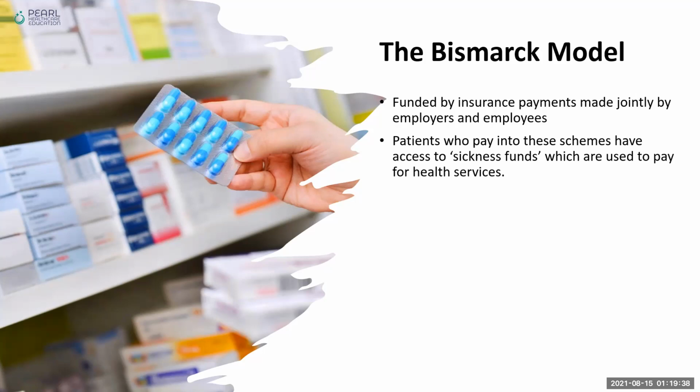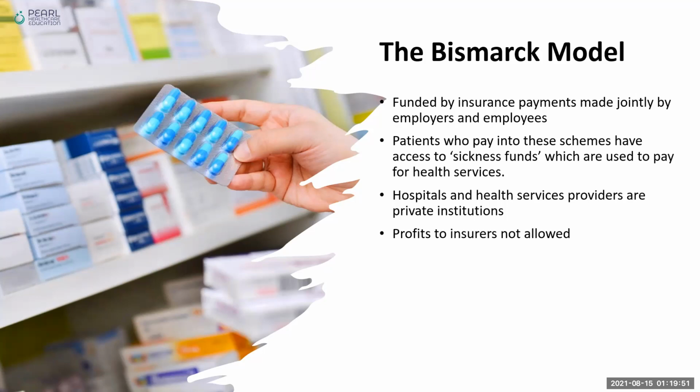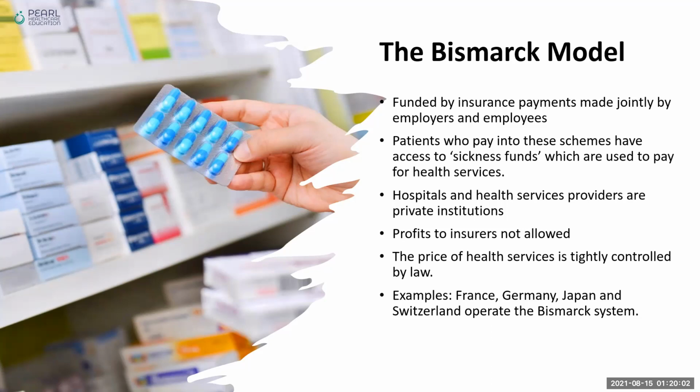You may have seen that used in some places, where people have got insurance through their employer and they're able to access services when needs be. Hospitals and health service providers are private institutions. Having said that, insurers are not allowed profit, and the price of health service is tightly controlled by law or the government. Examples of countries where this model is used include France, Germany, Japan, Switzerland, and so on.